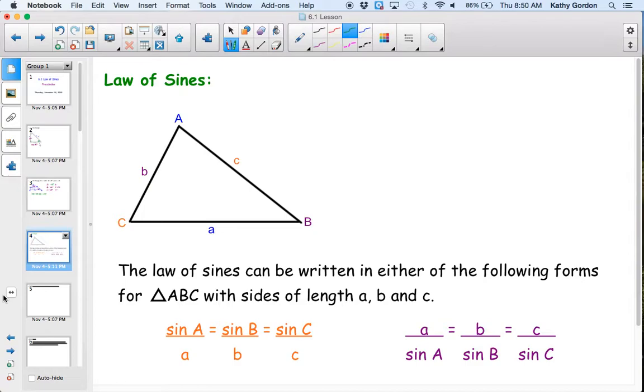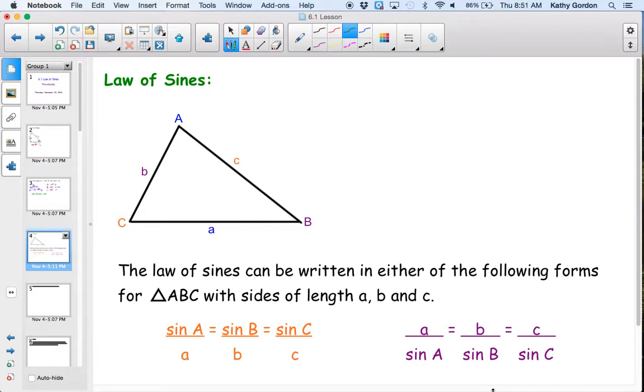Okay? So the law of sines says that if we've labeled our triangle with our angles, and then across is where our corresponding sides are, then if I take the sine of angle A and make a ratio of it with side A, that ratio has to be equivalent for every sine of an angle over a corresponding side.